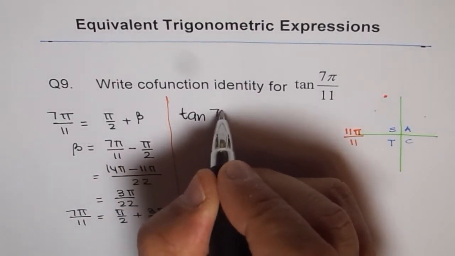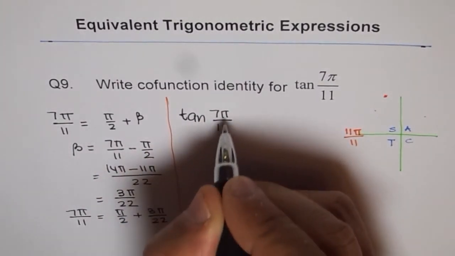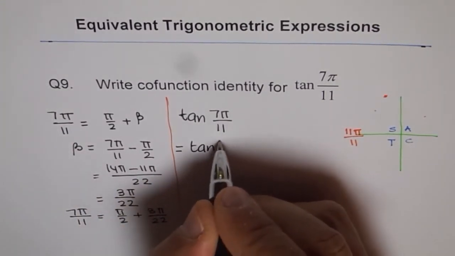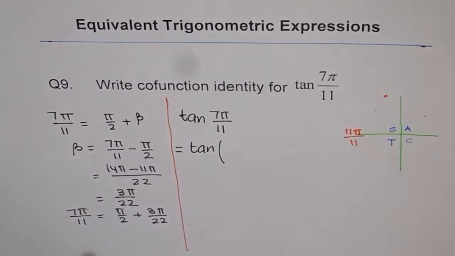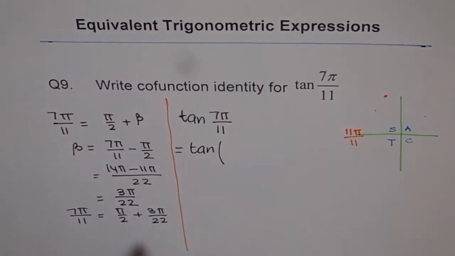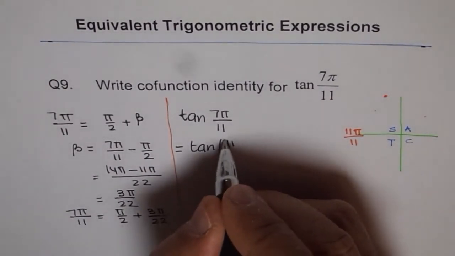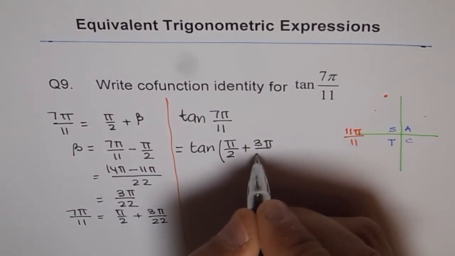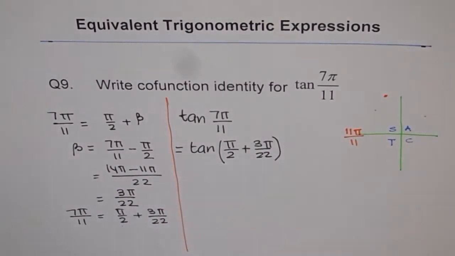Tan 7 pi by 11 can now be written as tan, instead of 7 pi by 11, I will write pi by 2 plus 3 pi by 22, correct?